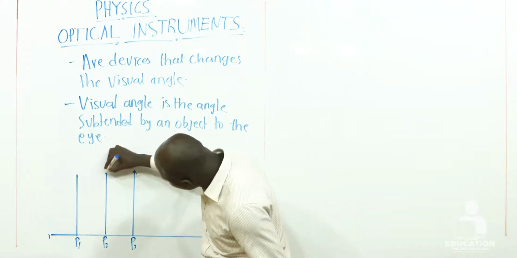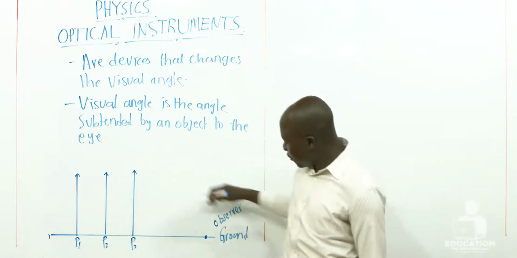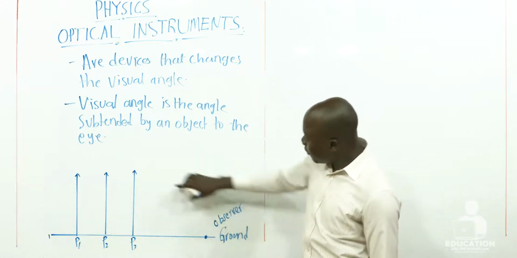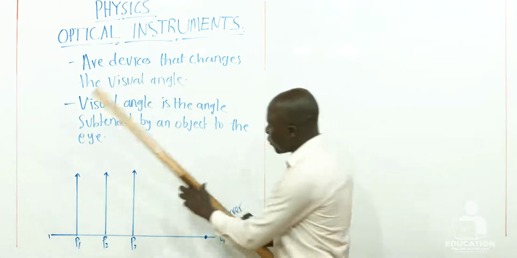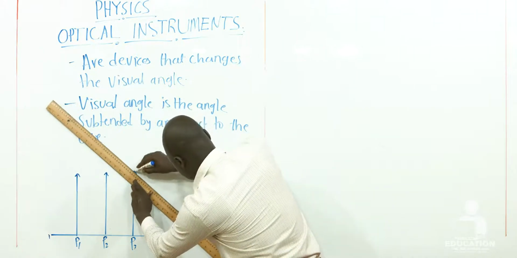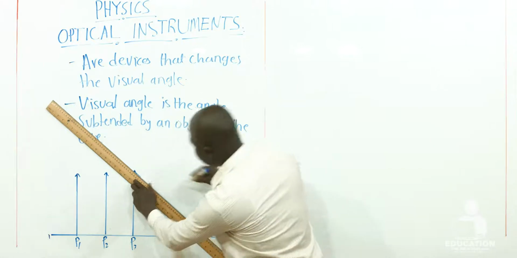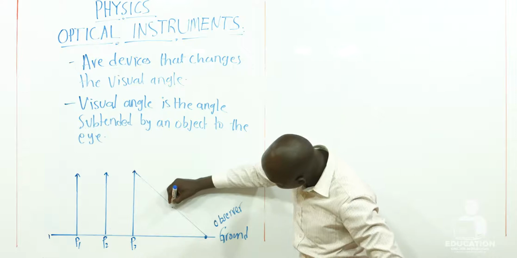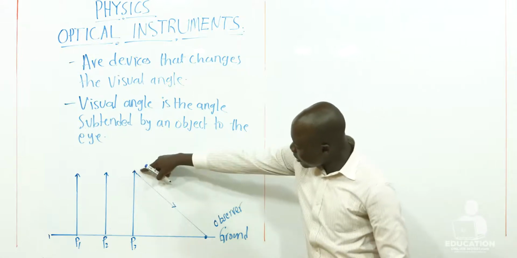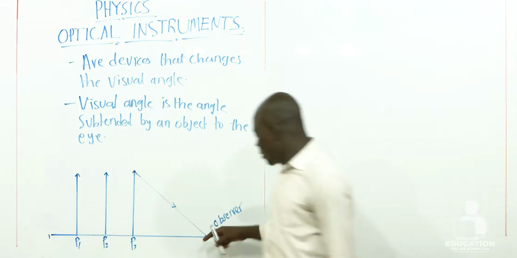So these poles will subtend different angles to the eye of this observer. Now this pole 3 will subtend an angle. This is the ray from the pole to the eye of the observer. So now this ray will subtend a certain angle to the eye of this observer.